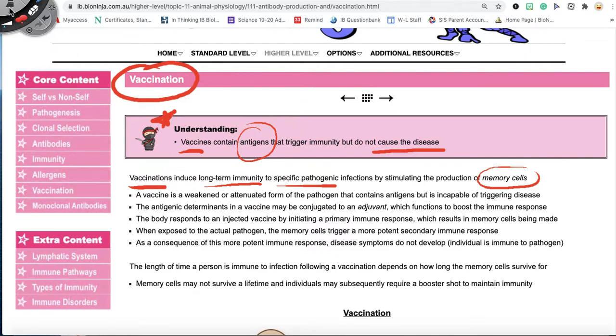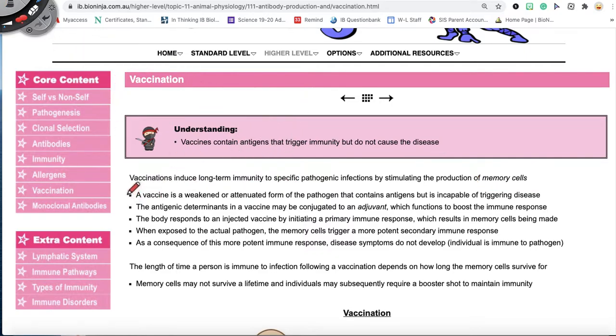So what is a vaccine? The definition that they give you here is the older definition of a vaccine, which is a weakened or attenuated form of the pathogen. We now know with COVID that instead of only having weakened or attenuated forms of a pathogen for a vaccine, now we have genetic vaccines.